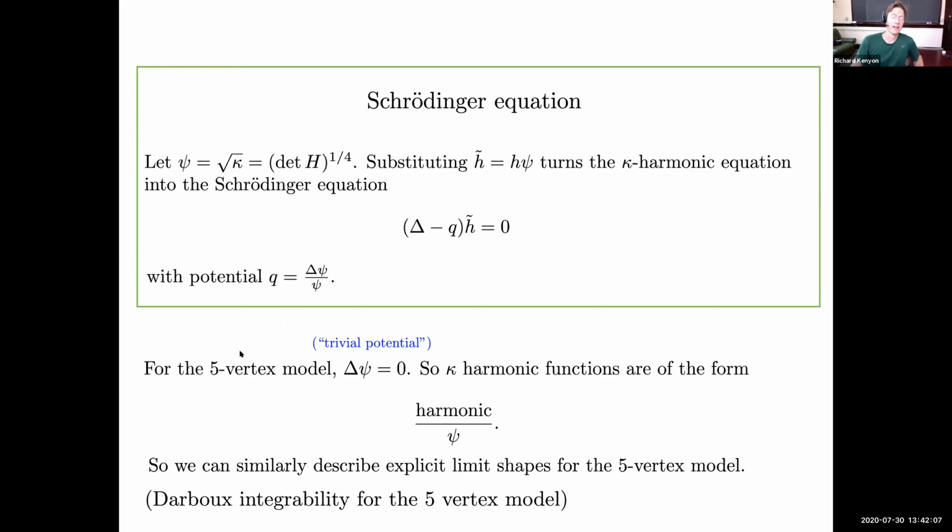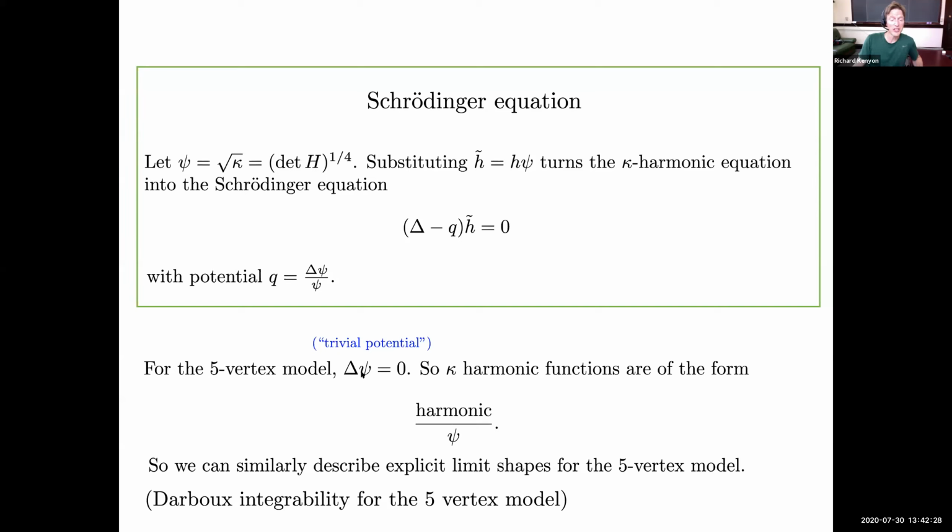And so for the 5-vertex model, which I will introduce tomorrow, if not today, depending on time, this is just a simple special case of the 6-vertex model. It turns out that this function psi is harmonic with respect to the variable z.